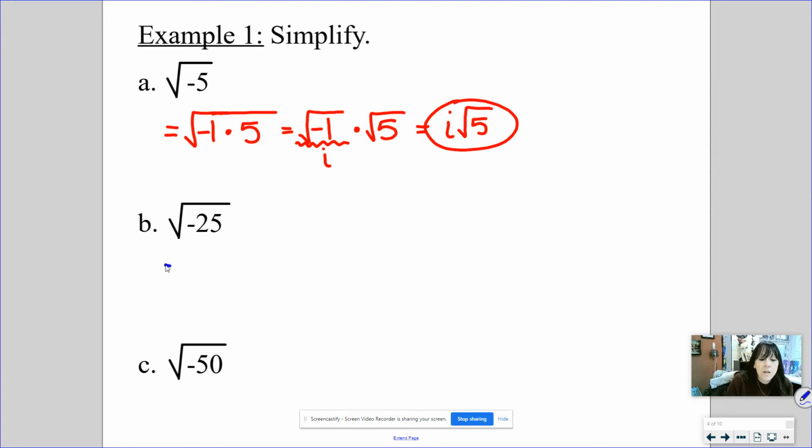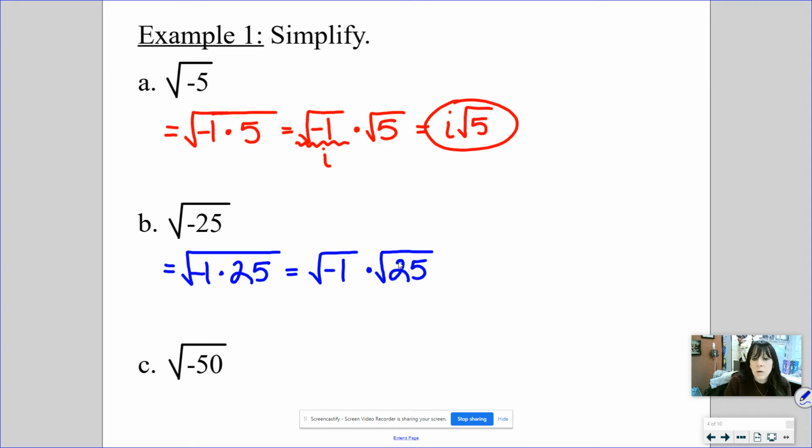Let's try that again. So B, is this an imaginary number? Yes, because I see a negative inside of a square root, and that's not something that we can compute without imaginary numbers. So we're going to start by separating the imaginary number from the numerical value itself. And each of those items can then go into their own square roots and simplify.